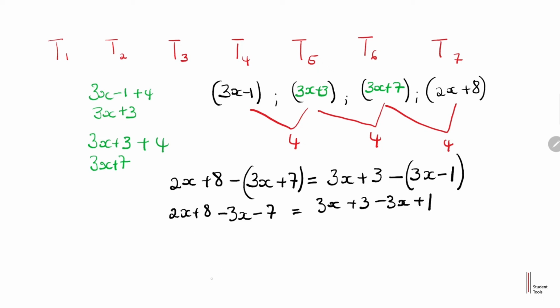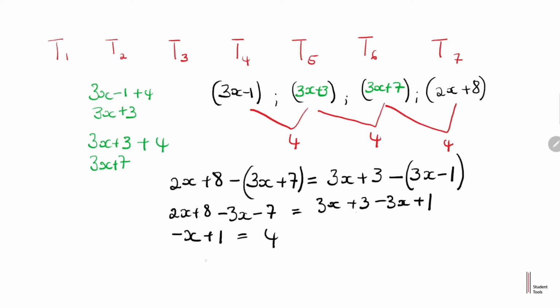So let us collect and sort the like terms. 2x minus 3x, that is a minus x. Positive 8 minus 7, that is a positive 1. All this is equal to 3x minus 3x, that's a 0. So 3 plus 1, that's a 4.